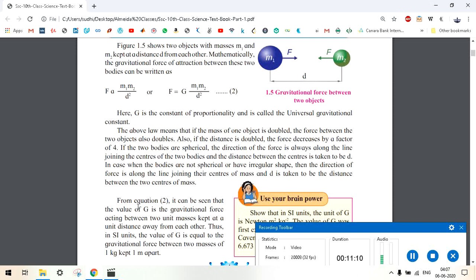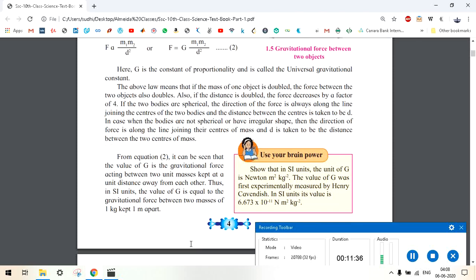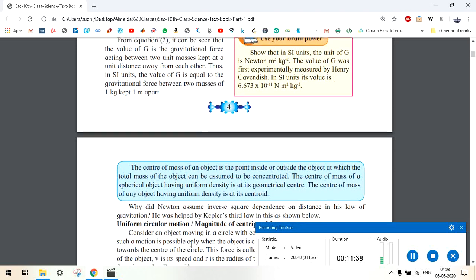So thus in SI units, I hope you are all aware of SI units, the value of G is equal to the gravitational force between two masses of 1 kg kept 1 meter apart.